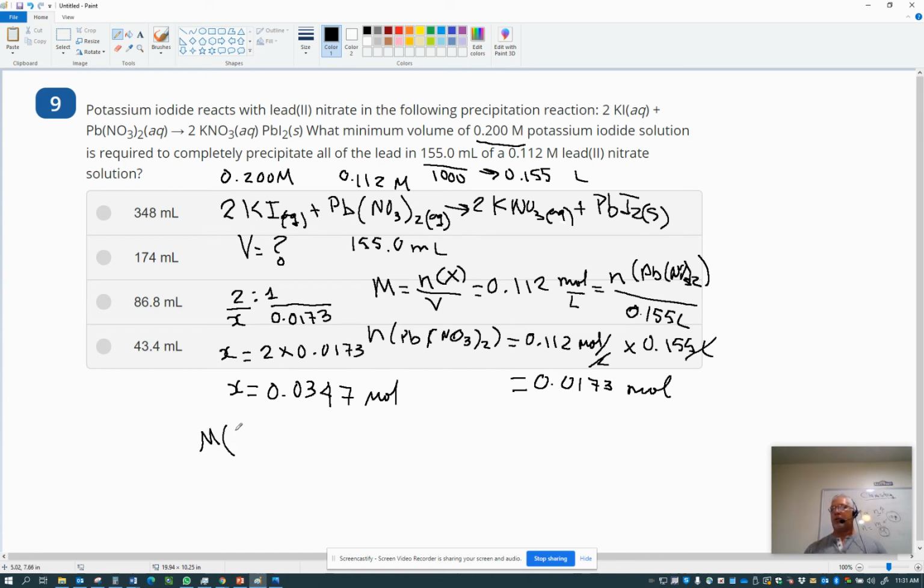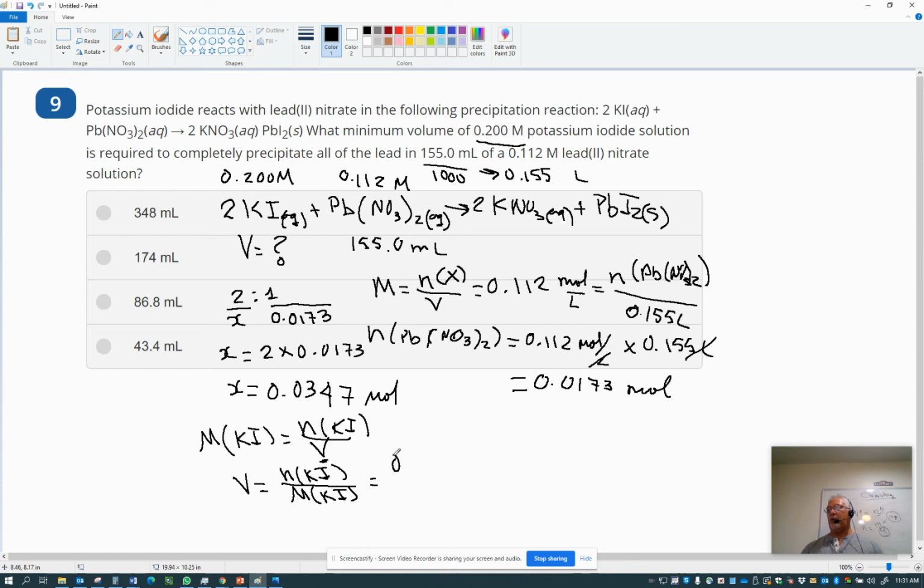Molarity of potassium iodide will be equal to number of mole of potassium iodide over the volume of solution. They asked me in the problem to find volume. So volume will be equal to the number of mole of potassium iodide over the molarity of potassium iodide.